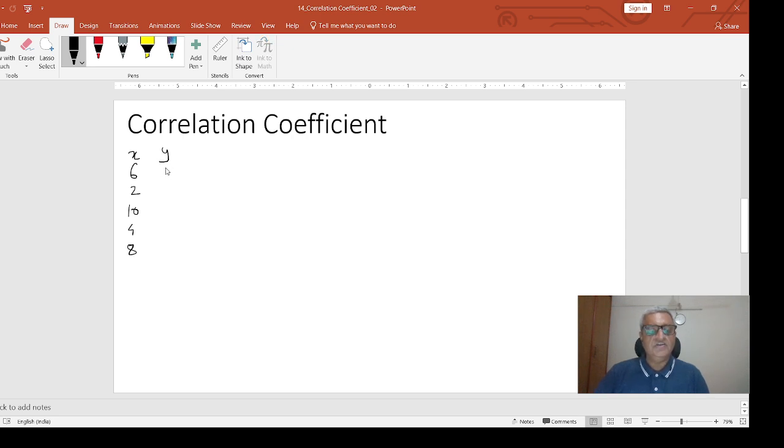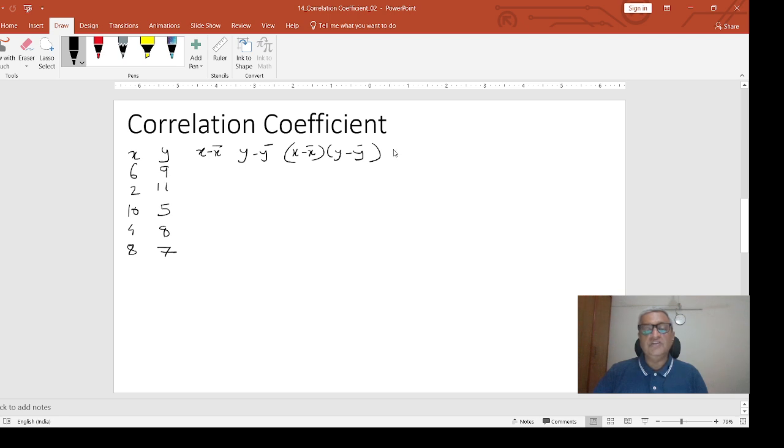Y values are 9, 11, 5, 8, and 7. Now we need to calculate the x minus x bar column and the y minus y bar column. Then the third column which we need to calculate is x minus x bar multiplied by y minus y bar.